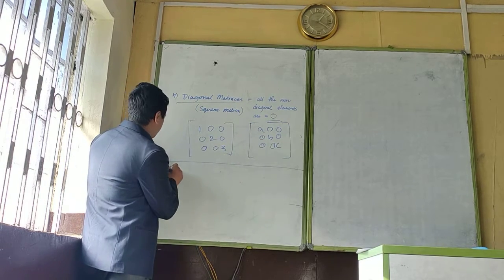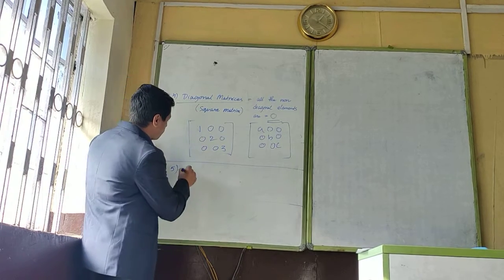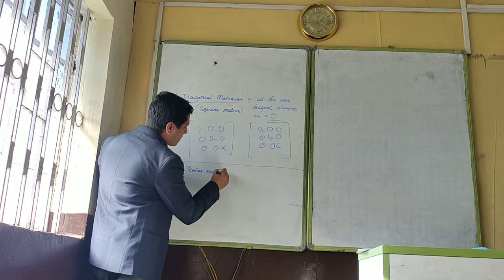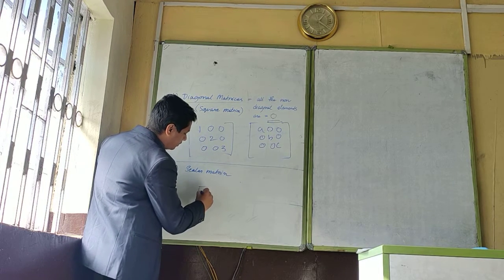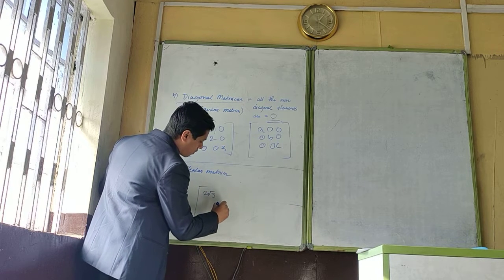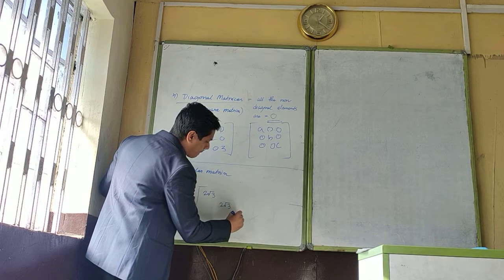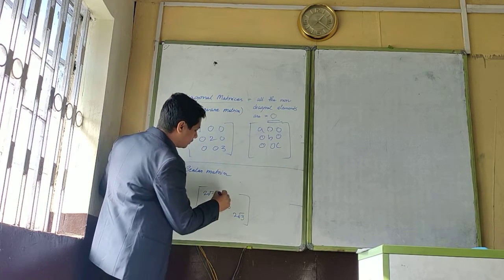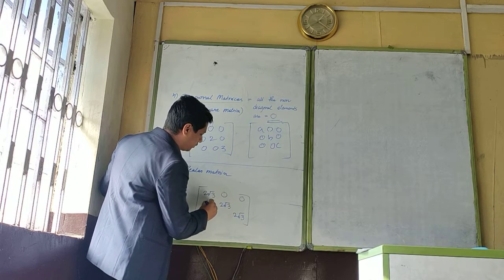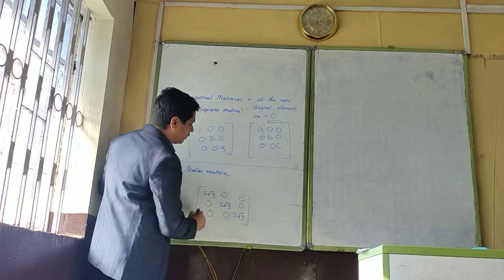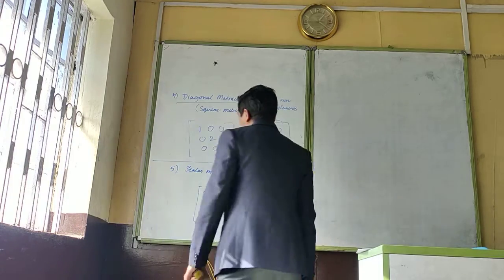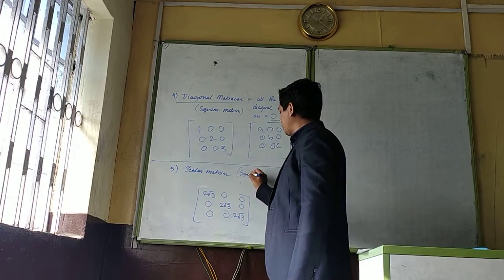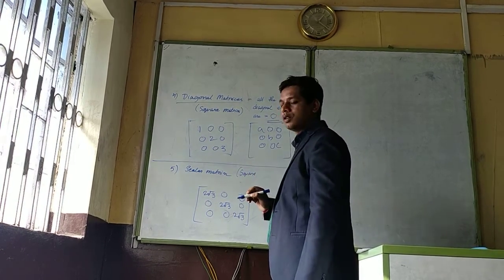So further we move on to another type of matrix, that is scalar matrix. Let's take one example. A scalar matrix is also a square matrix. First thing, it has to be a square matrix, that is, number of rows has to be equal to number of columns.